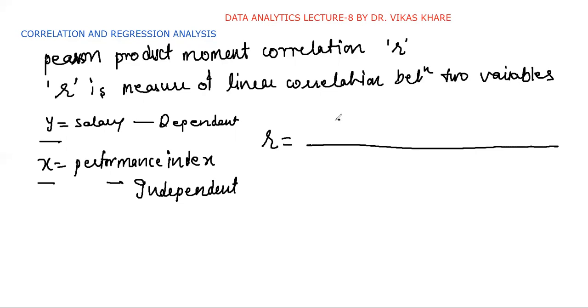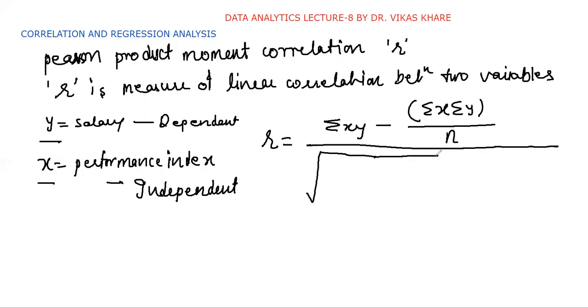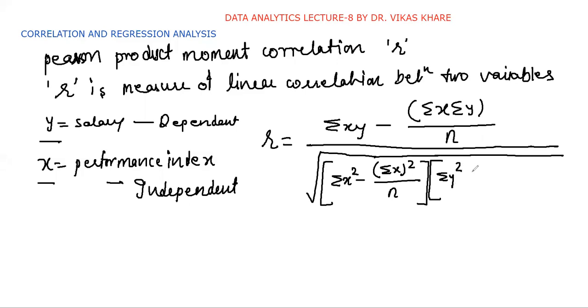The formula is sigma of xy minus sigma x sigma y divided by n, then divided by root of sigma x square minus (sigma x) whole square divided by n, multiplied by sigma y square minus (sigma y) whole square divided by n.